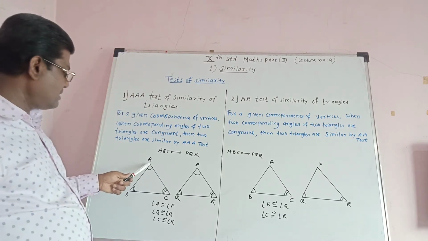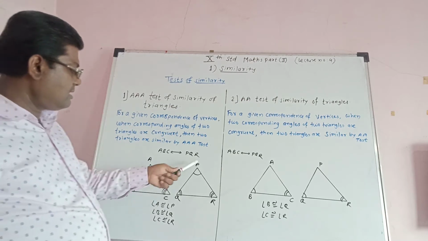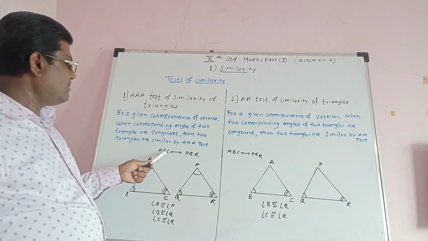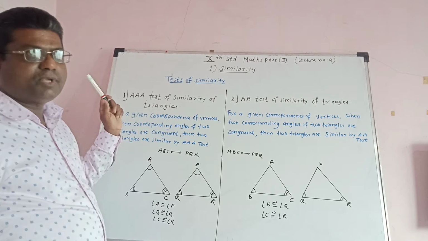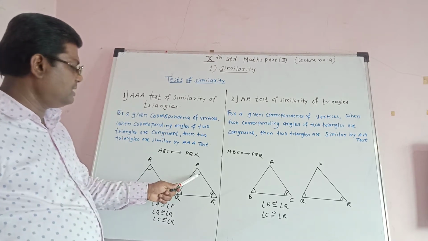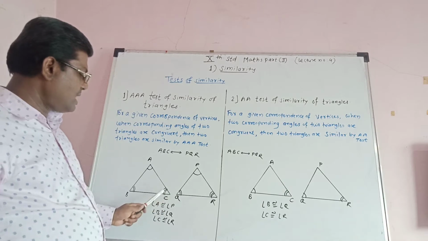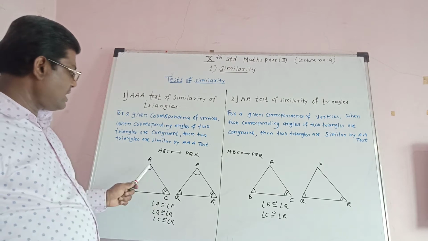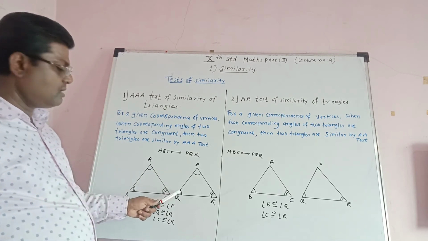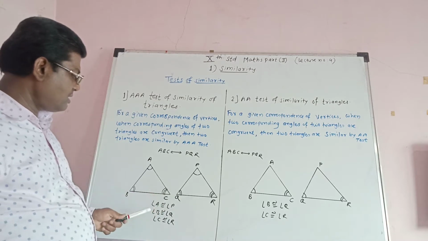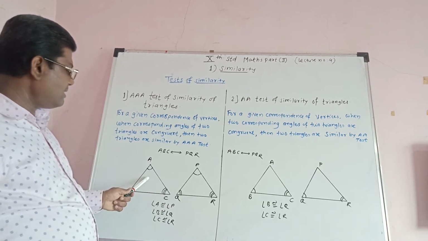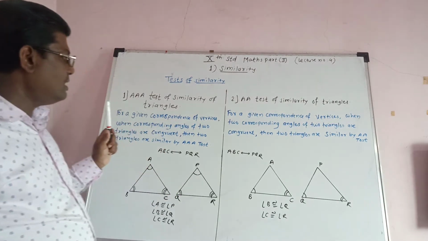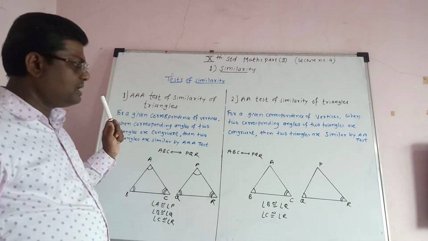Now consider two triangles, triangle ABC and triangle PQR, with correspondence ABC corresponding to PQR, which means A corresponds to P, B corresponds to Q, and C corresponds to R. Also angle A is congruent to angle P, angle B is congruent to angle Q, and angle C is congruent to angle R. Thus, all the angles of triangle ABC are congruent to the corresponding angles of triangle PQR.